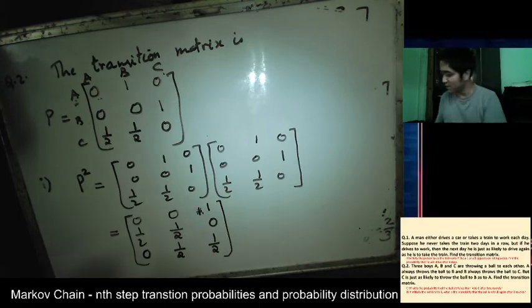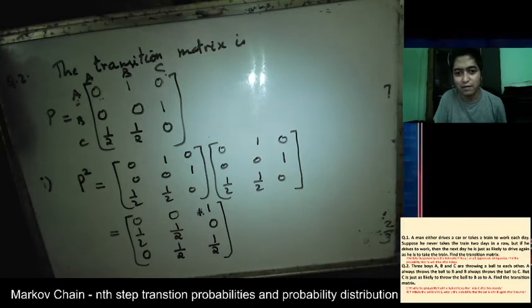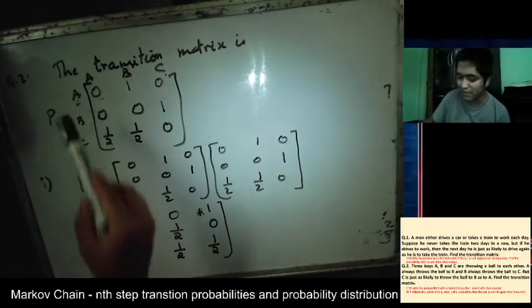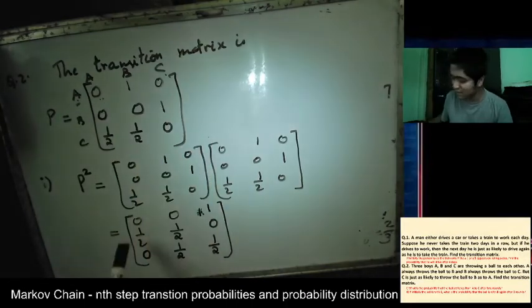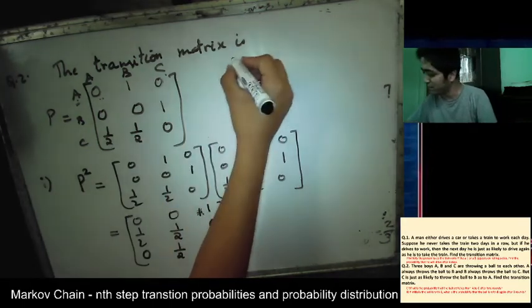Hence we have found the solution. The probability that the state changes from A to C in 2 rounds, from p squared, is equal to 1.